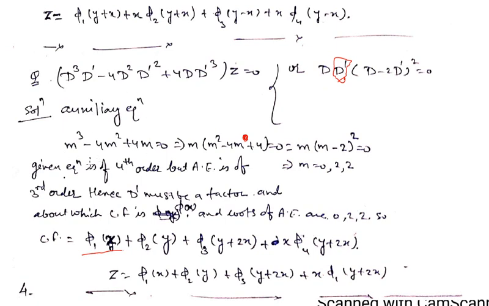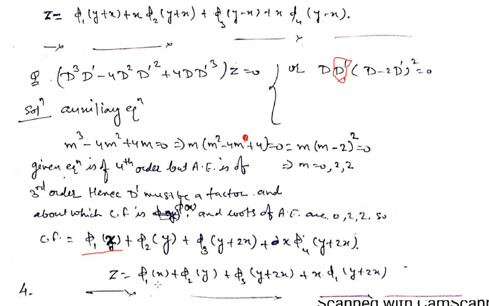It means whenever the order of the auxiliary equation is reduced below the order of the actual differential equation, then some terms of φ1(x) type appear in the complementary function, and the number of such terms equals the number of times the factor D' is repeated.